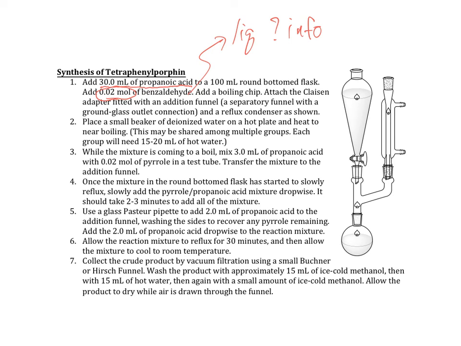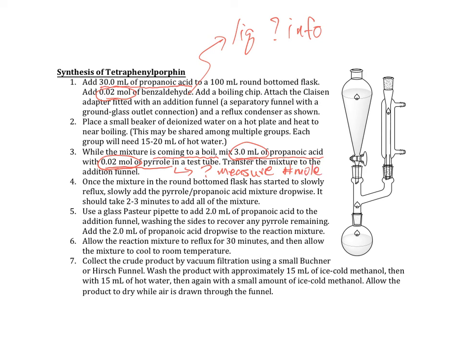While your mixture is coming to a boil, again, we're going to mix a volume of propanoic acid with a number of moles of pyrrole. So again, what information do you need to measure effectively that number of moles given its state?